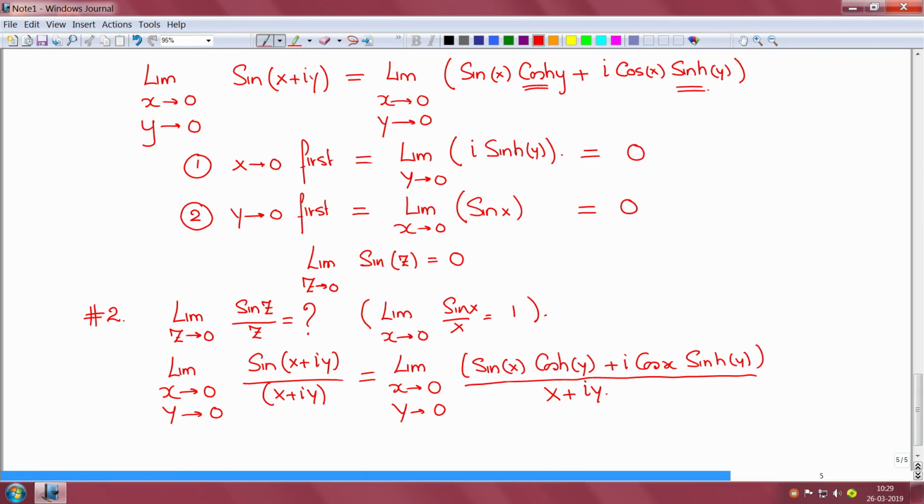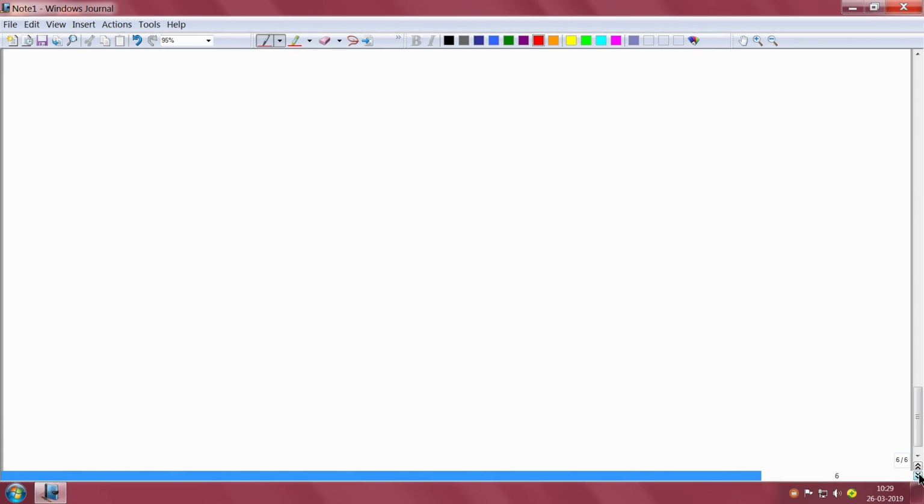Okay. Now, we do not like that there is a complex variable in the denominator. We will do what is called rationalization. We will remove the complex number in the denominator. How do we do that? We have limit x tending to 0, y tending to 0. We multiply the numerator and denominator by x minus iy.